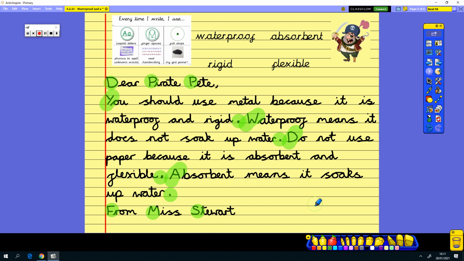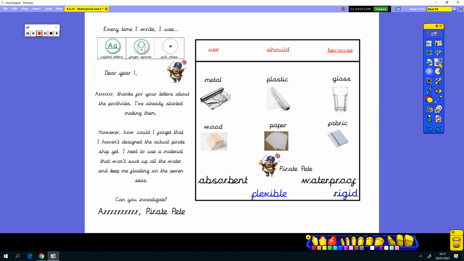So in your writing back to Pirate Pete, you need to be using the scientific words. Waterproof, absorbent, rigid and flexible. You will need to find a sheet in your learning pack that looks like this.